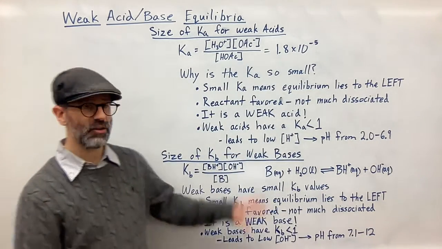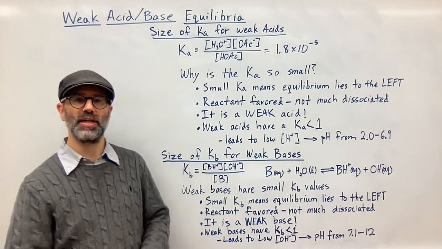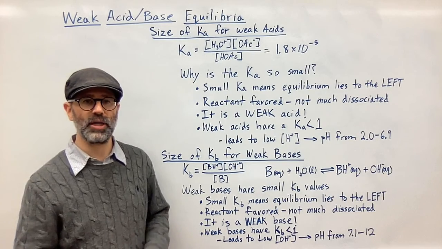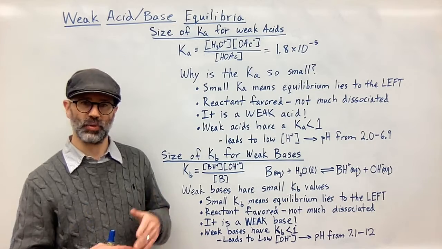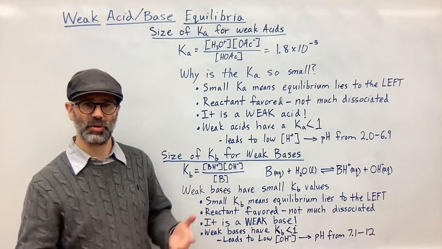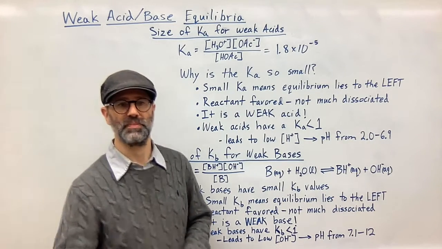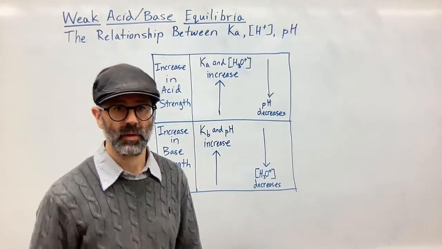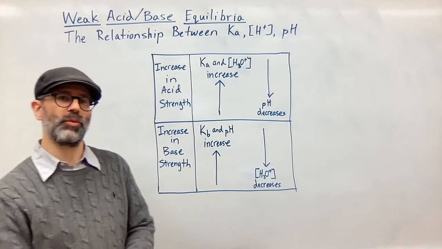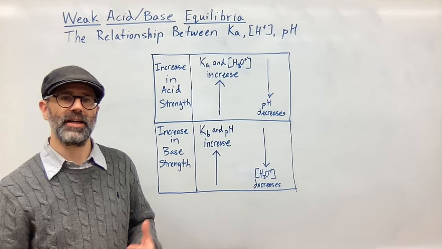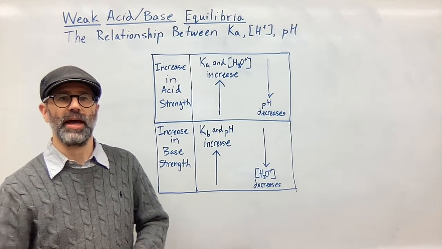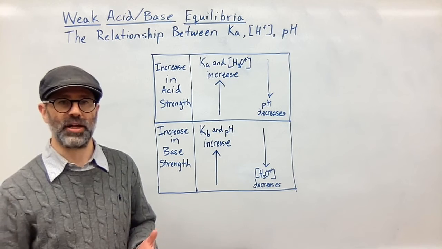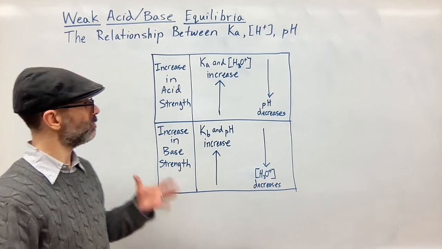And so that is an explanation of the size of Ka and Kb. So let's go ahead and talk about the relationship between Ka, Kb, and H plus concentration. Let's go over the relationship between Ka, the H plus concentration, pH, and Kb as far as acid and base strength go. Here I have a little chart.